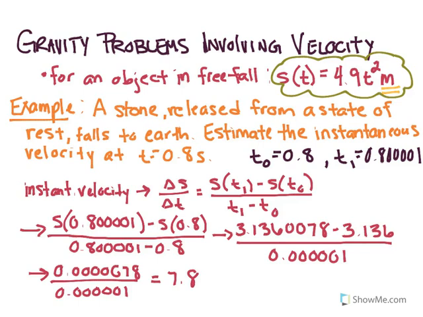However, your answers collectively should be very close to the same value. That value that this actually does approach is supposed to be 7.840. So I'm pretty darn close. Now we have to add some units onto this, and gravity is always meters per second. So that's how we're going to deal with gravity problems with our instantaneous velocity.